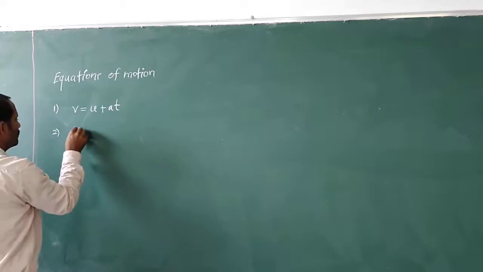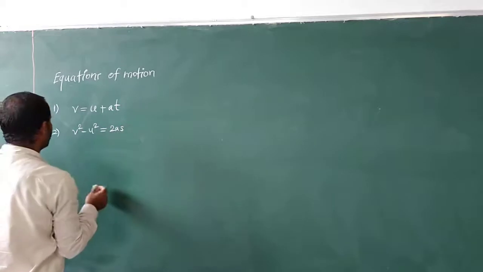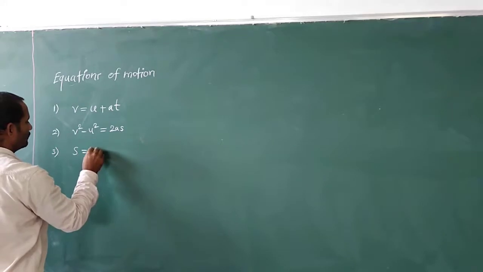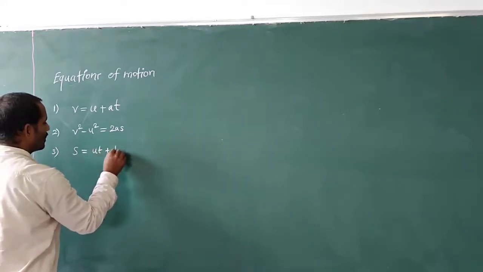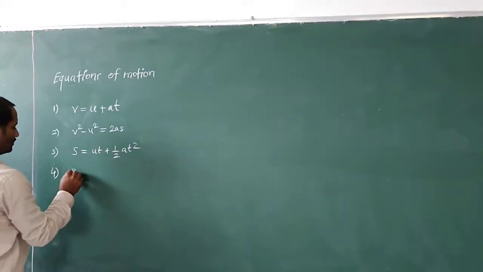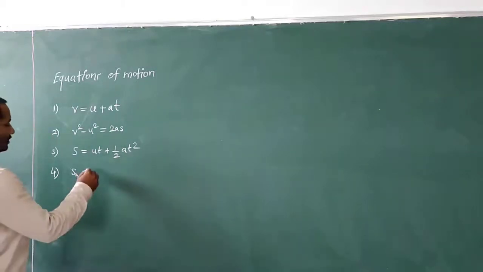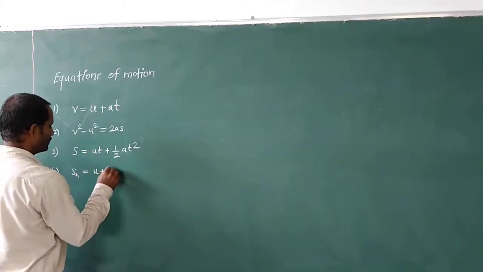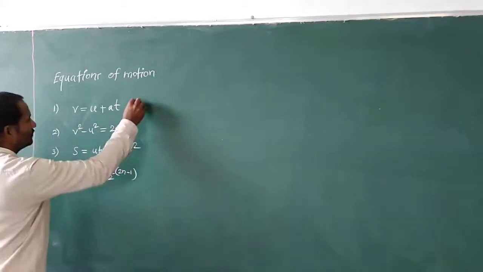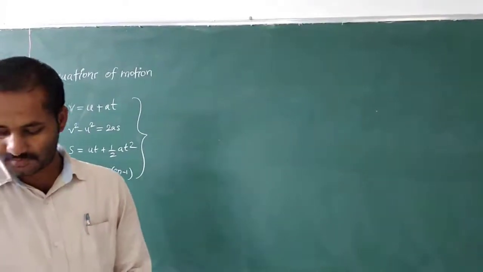Second one is v square minus u square is equal to 2as. Third one is s is equal to ut plus half at square. And fourth one is s_n, this is for displacement in the nth second, u plus a by 2 into 2n minus 1. So these 4 equations are very important to solve the problems.